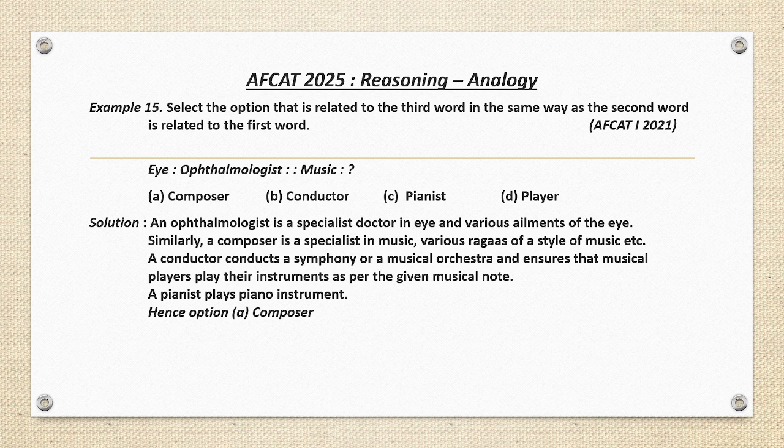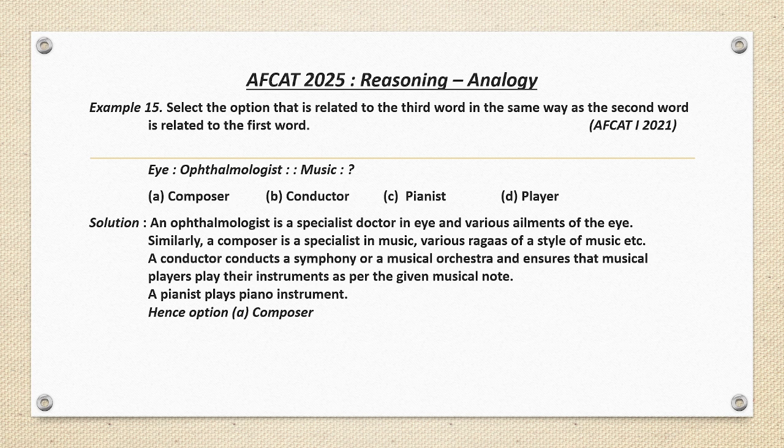Right? Next, music conductor. Again, an ophthalmologist actually uses the instruments, he uses his knowledge and tries to find out answers or solutions for the problem of eye and ailments of eye. Right?